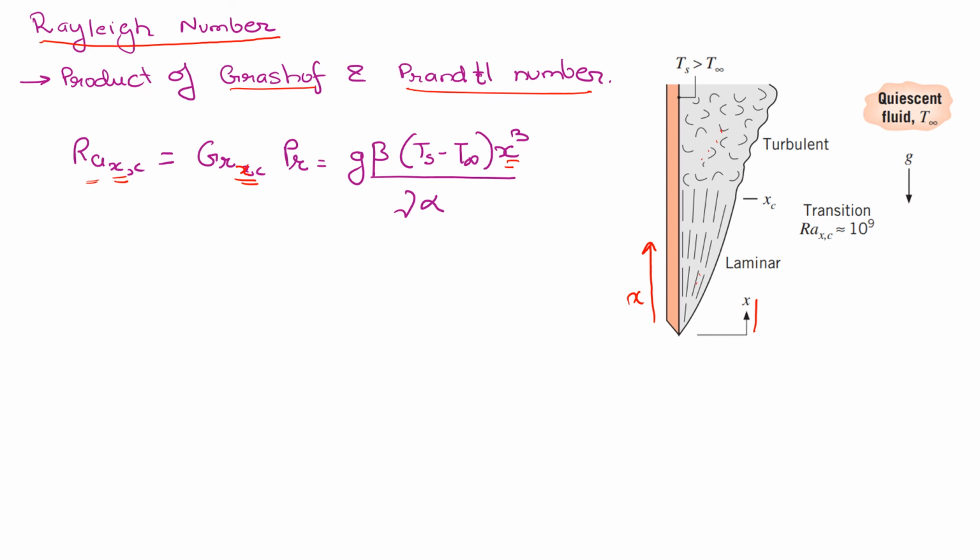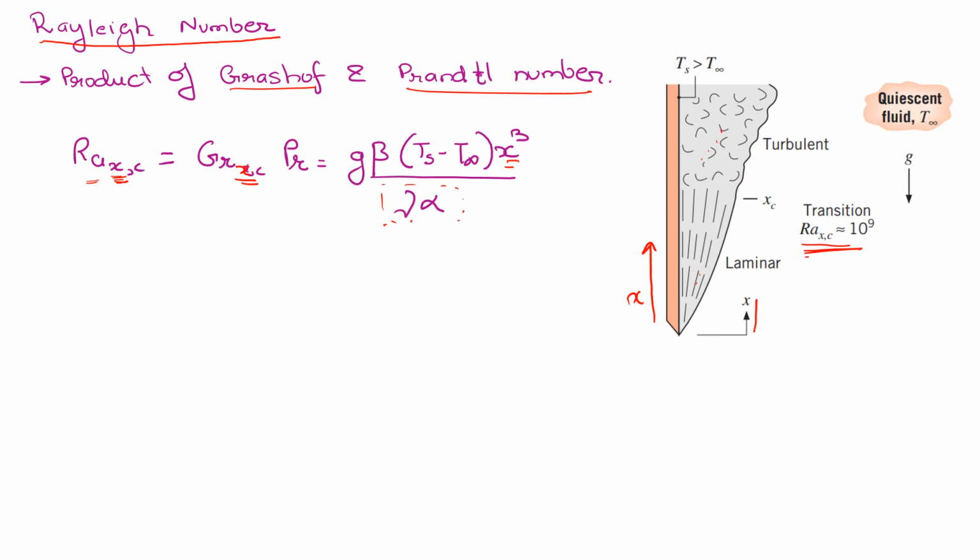That's why the Rayleigh number has a subscript of x, and it has the viscous and thermal diffusivities in the denominator. The transition limit for a vertical plate is usually 10 to the power 9.